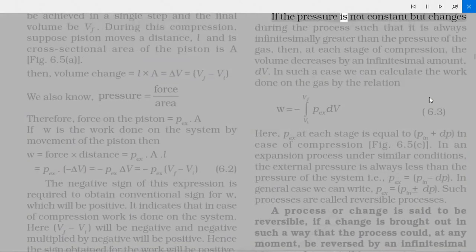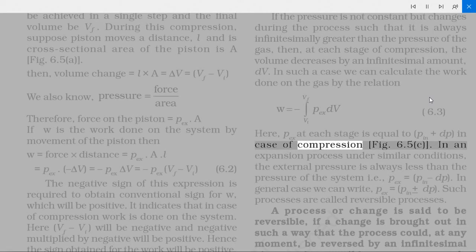If the pressure is not constant but changes during the process such that it is always infinitesimally greater than the pressure of the gas, then, at each stage of compression, the volume decreases by an infinitesimal amount, dV. In such a case we can calculate the work done on the gas by the relation w is equal to minus the integral of Pex dV from Vi to Vf, equation 6.3. Here, Pex at each stage is equal to Pin plus dP.